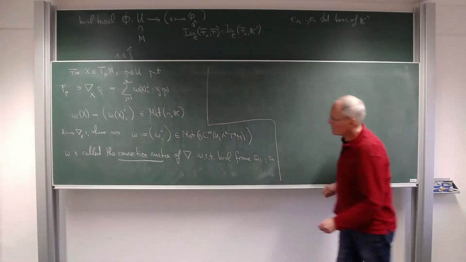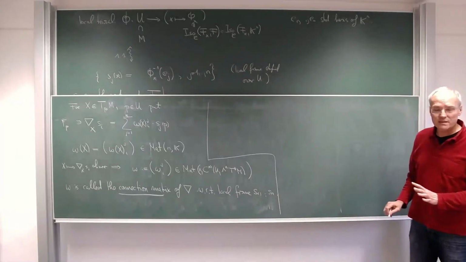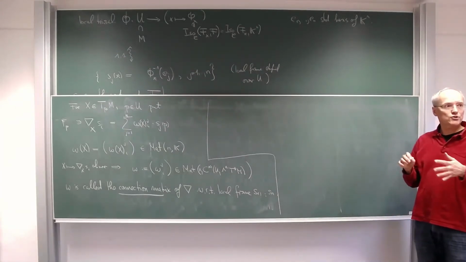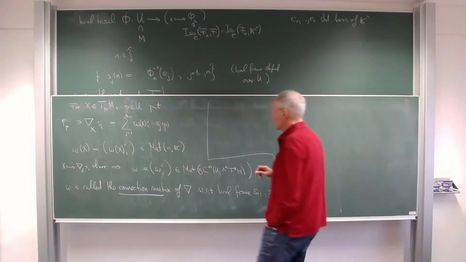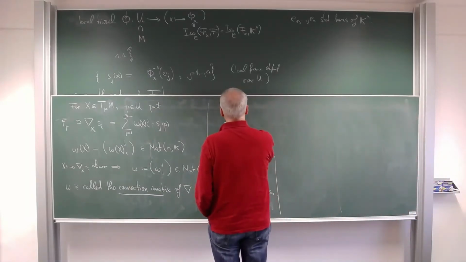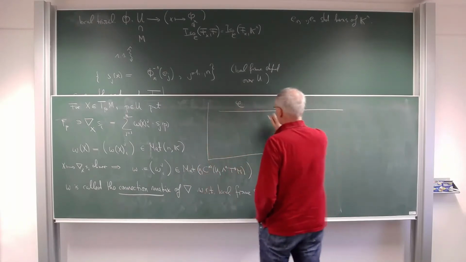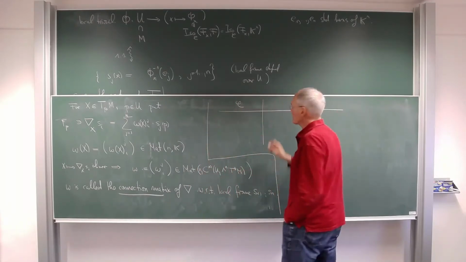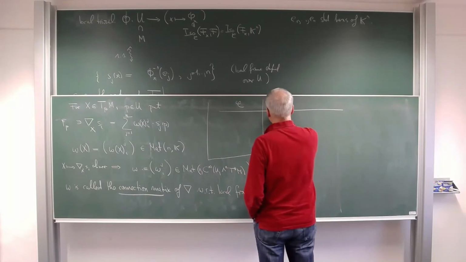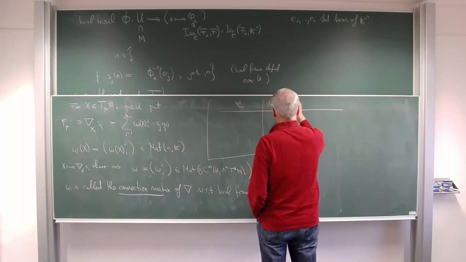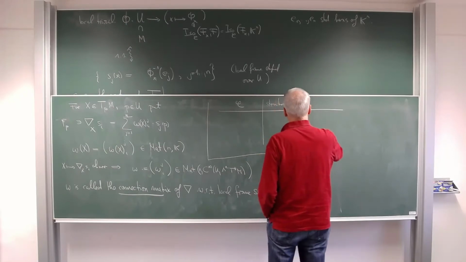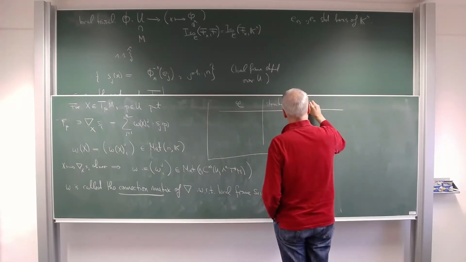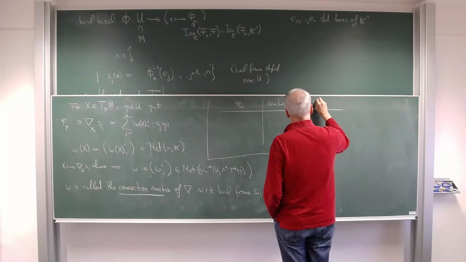Now, we have these different types of vector bundles, and they correspond to different structure groups. So let me recall this. If we have the category C here, let me make a table here, then we have a corresponding structure group. So what's the structure group? This was isomorphisms in the category from model fiber to model fiber.